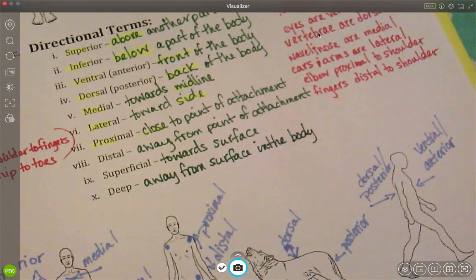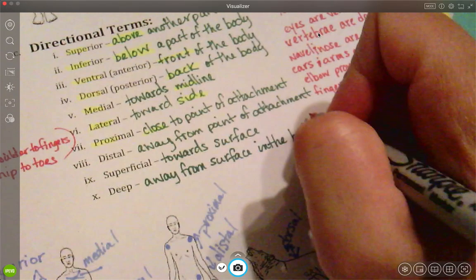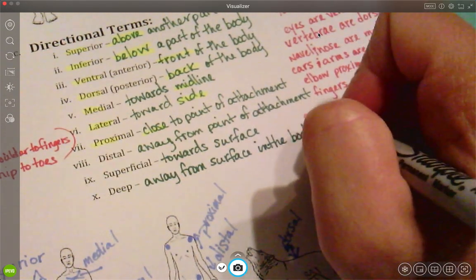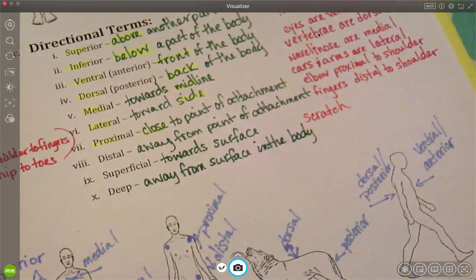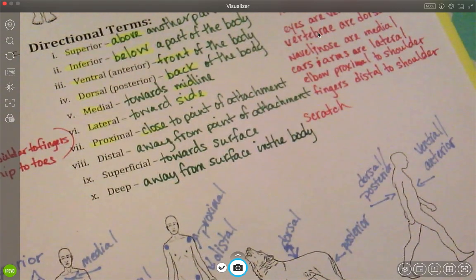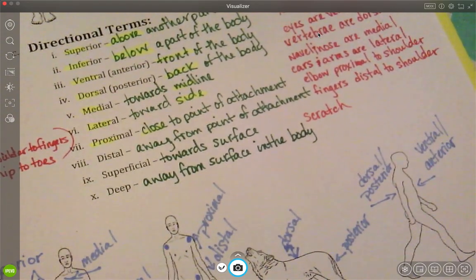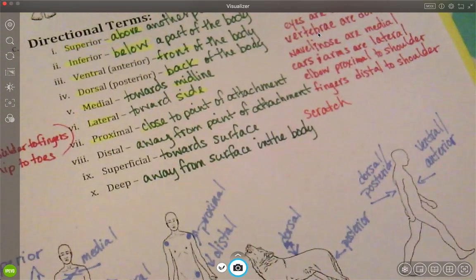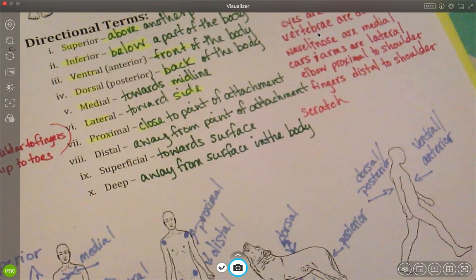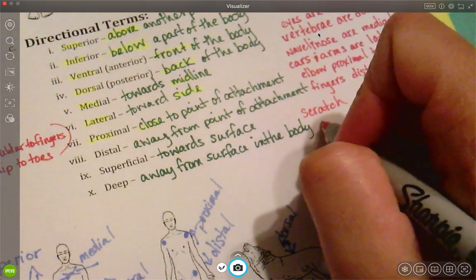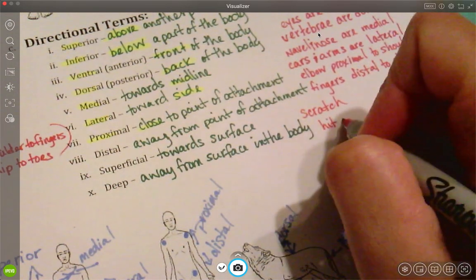So a superficial wound would be a scratch, like a cat scratch, whether it bled or didn't bleed. Either way, it's a simple scratch. If it's going to be deep, it's going to hit internal structures.